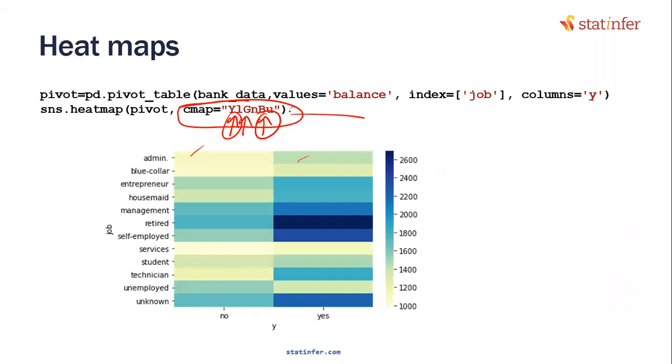You may have to try 2 or 3 cmaps. The most widely used one is what? Do you know the most widely used one? Green, then amber or orange, and then red, isn't it? I'm not sure whether it is available here. Maybe with a different code it might be available. Then you can highlight that this is hot over here and all that.